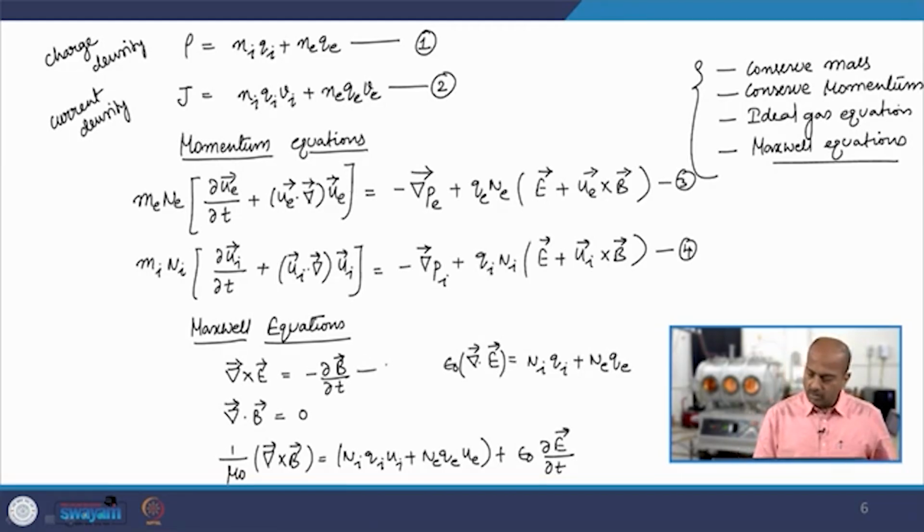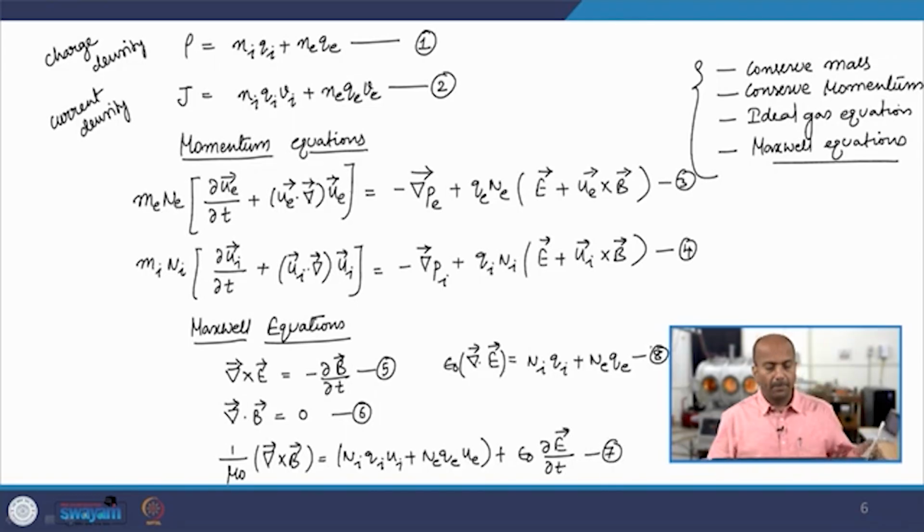Let us say we call these equations number 5, 6, 7 and 8. So, we have 4 Maxwell equations. I have just written them here.